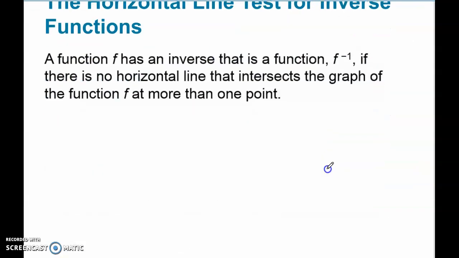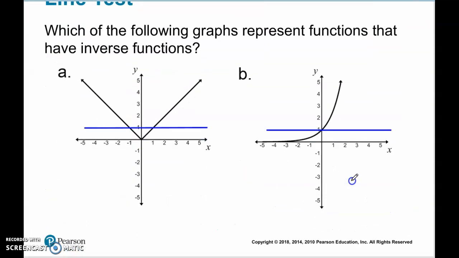Continuing on to the next page, this says the horizontal line test for inverse functions. A function has an inverse that is a function if there is no horizontal line that intersects the graph of the function f at more than one point. So when we take a look at these, the first thing we have to make sure is that it's a function.